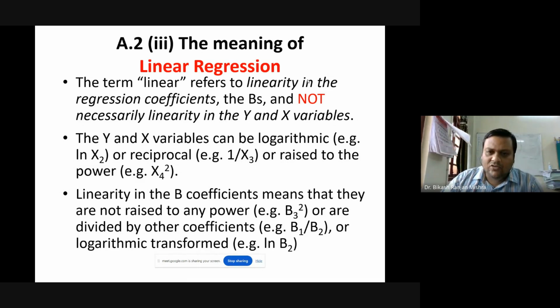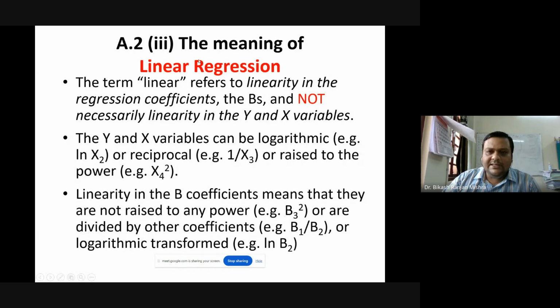Whenever we say coefficients, meaning B2, B3, or any beta 1, alpha terms, they should not have a power other than 1, or be a ratio of one parameter with another, like B1 by B2, or any logarithmic transformation of those things, because any type of transformation will definitely make it non-linear, whether exponential, logarithmic, or a log base 10 transformation.